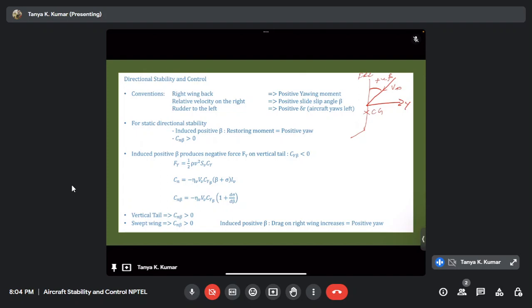It produces a yawing moment and a force in the y direction. Previous case you had the force in the lift direction, right? Here it will be in the y direction and moments along the yawing axis, that is the z axis.